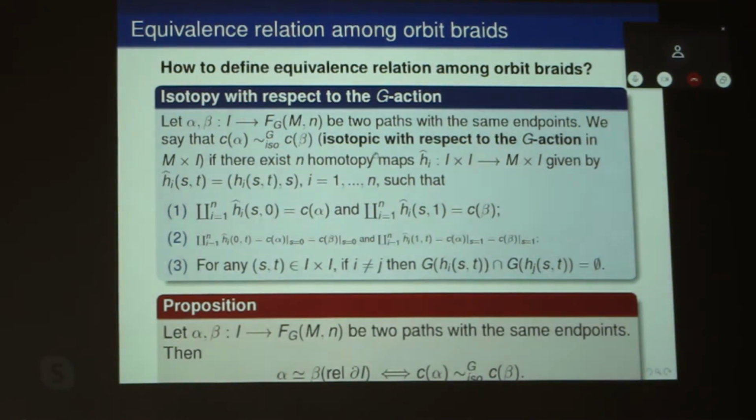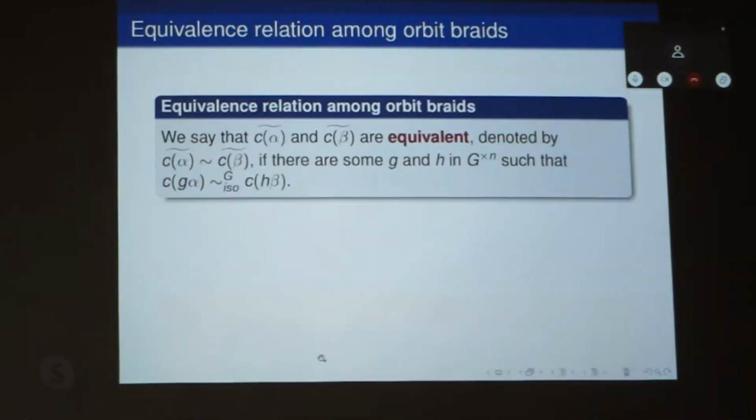We consider the G action. This braid is isotopic with respect to the G action, which also means the corresponding pairs are homotopic. Then we can define the equivalence relation among orbit braids.